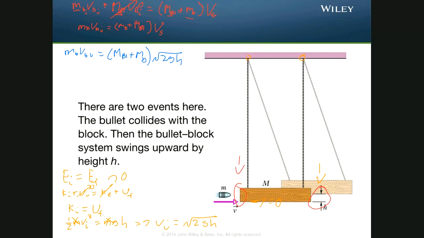And now this is all known, and we now have a solution here, and we can write that VB initial is equal to MB plus MBL over MB times the square root of 2gh.